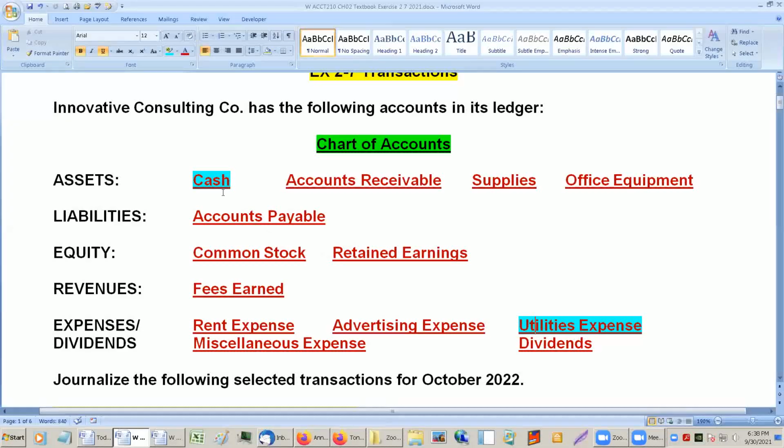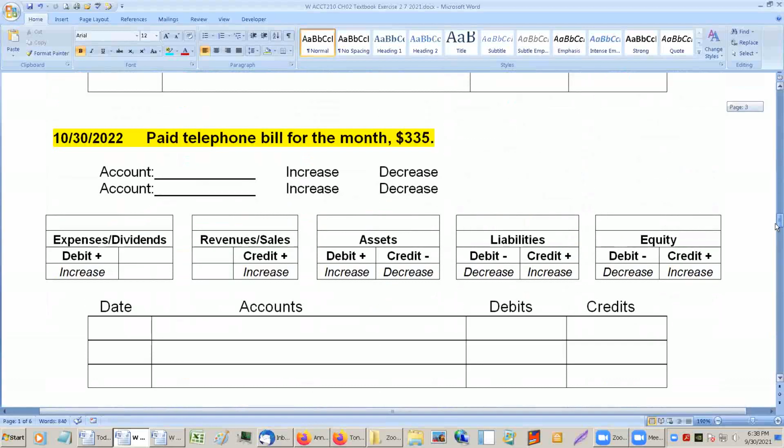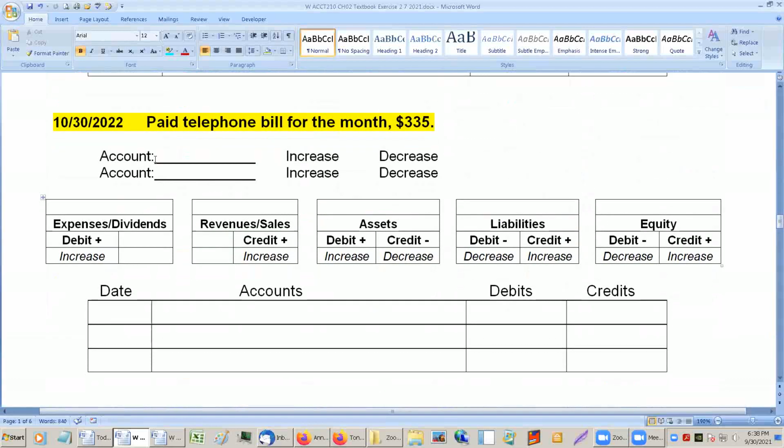All right. So cash probably and utilities expense. This is a little bit dated here, but okay. So let's go back. Utilities expense, increase with debit. Yep.